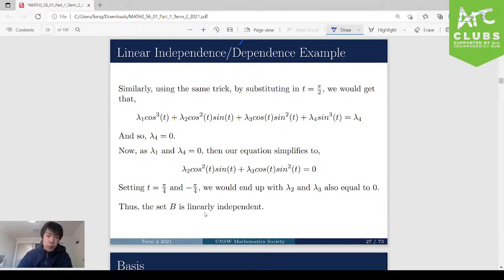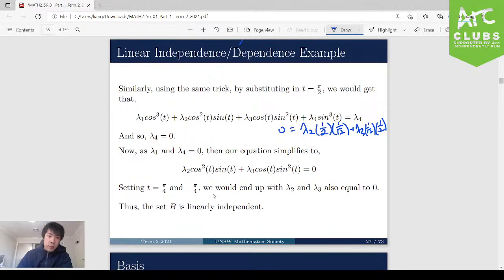If you plug in pi on 4, you would get lambda 2 times cos squared, which would be half, because cos pi on 4 is 1 on root 2, and sine pi on 4 would be 1 on root 2. Then you plus lambda 3, 1 on root 2, half. And that would be equal to 0.